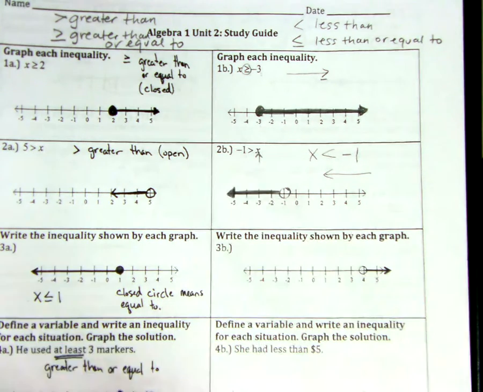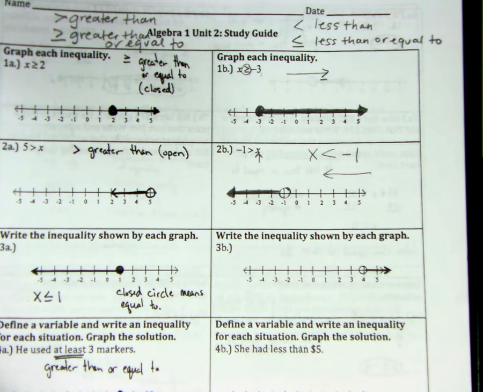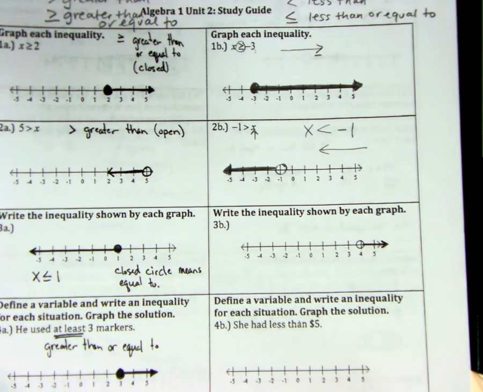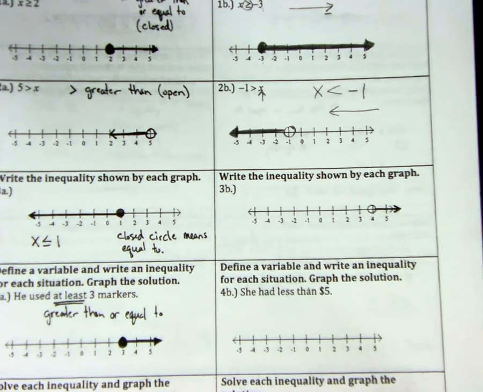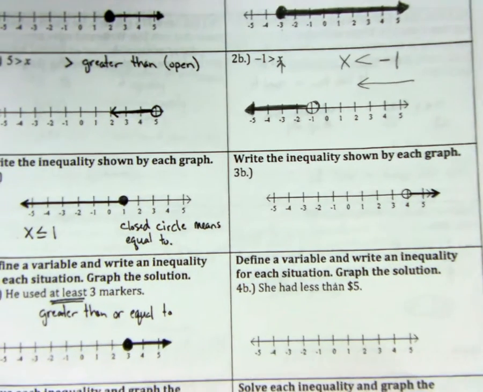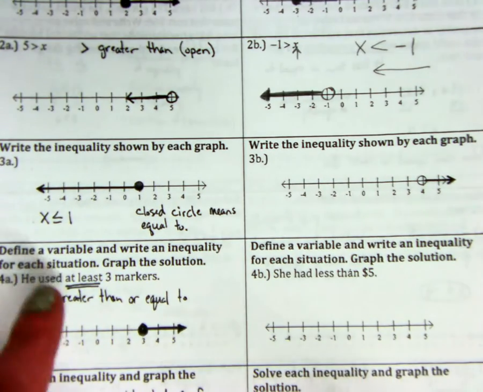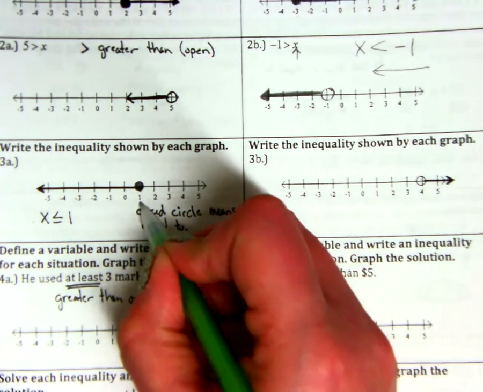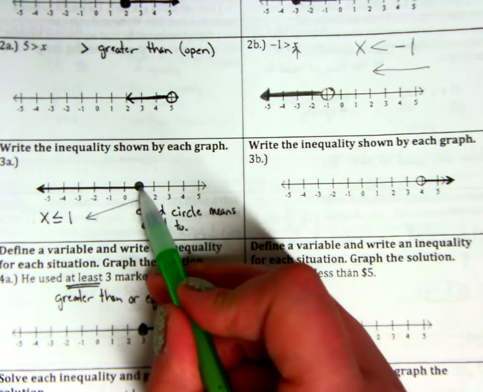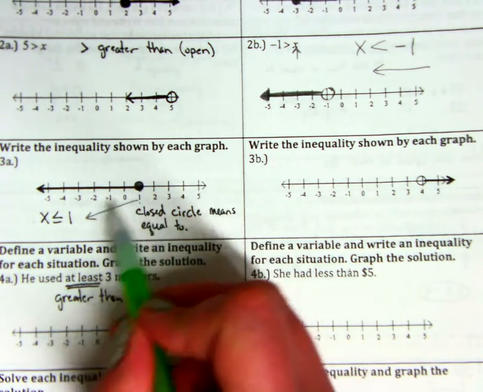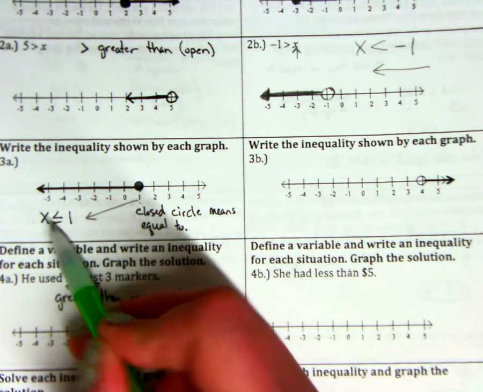All right, great. 3B is taking a graph, so we're going to kind of do the reverse. Taking a graph and writing the inequality that we are shown by that graph. So you can see in 3A, the number is part of your answer. The closed circle means equal to, and we shaded left, so that was less than or equal to.